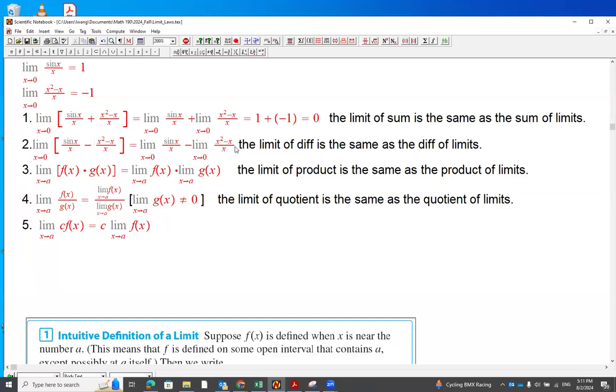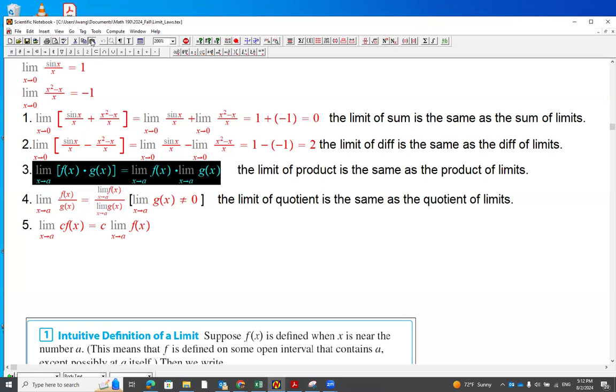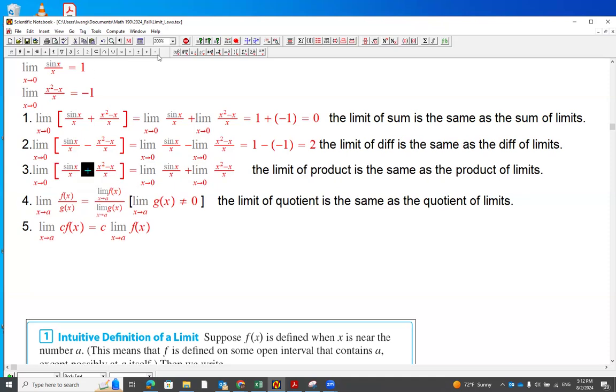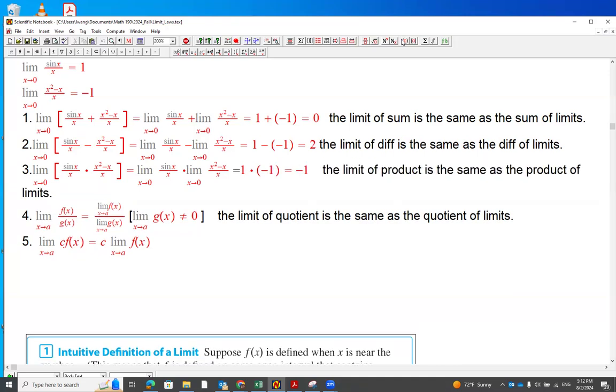That's going to be 1 subtracting -1, which equals 2. And thirdly, multiplication works. Multiply, so that's going to equal 1 times -1, which equals -1.